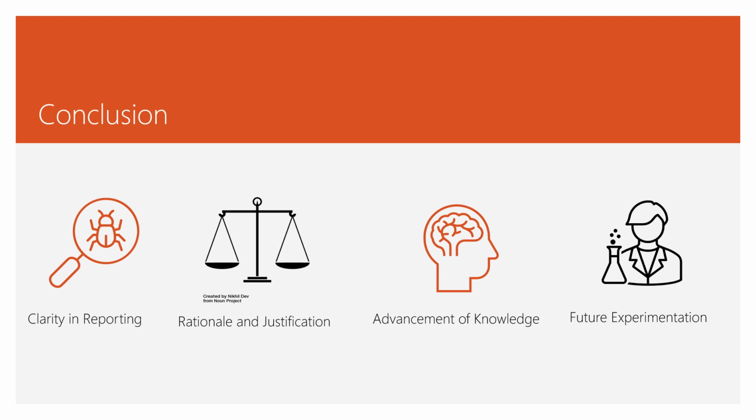The conclusion section also consists of what kind of future experimentations you want to do after this. So the conclusion section is very concise and clear, including your rationale and the justification for doing such research, and which particular questions were addressed in that research article.